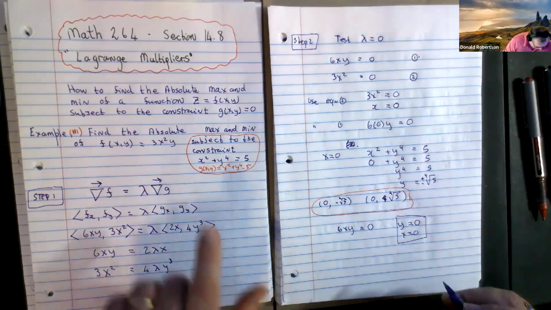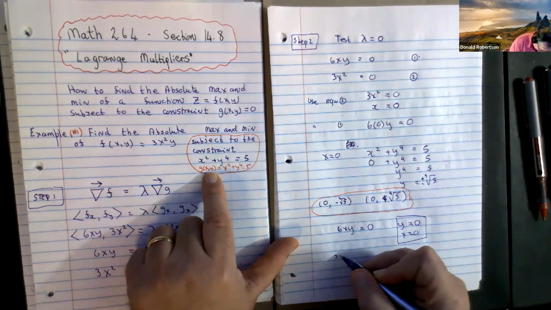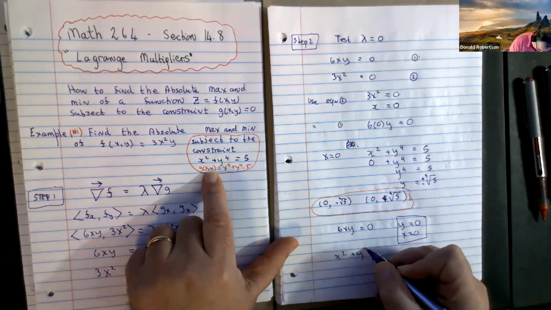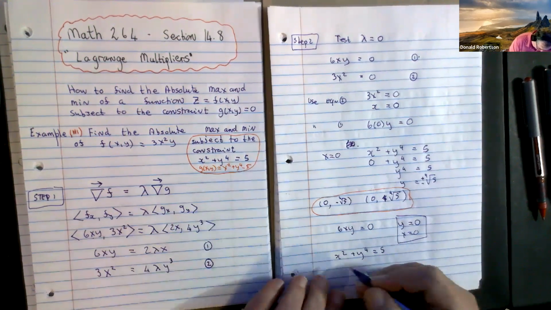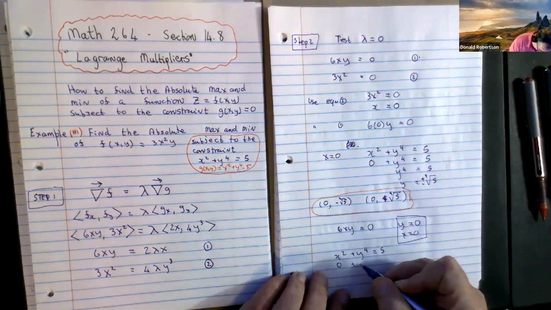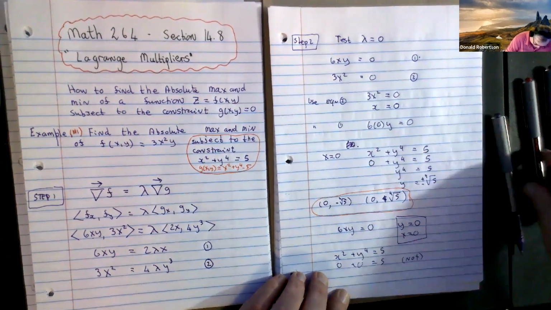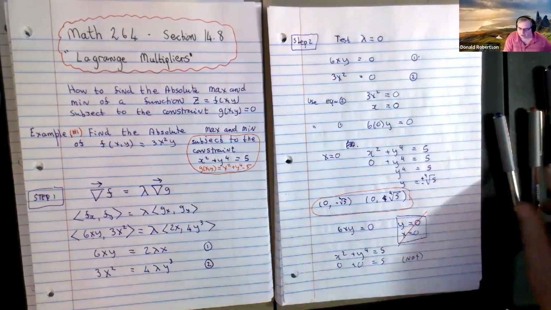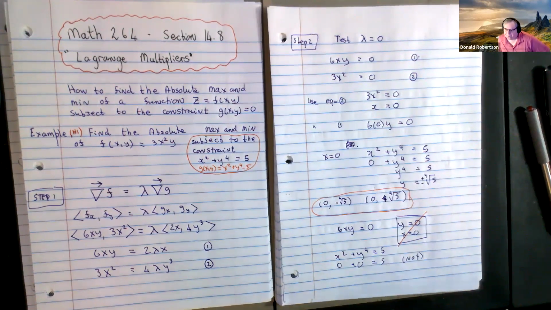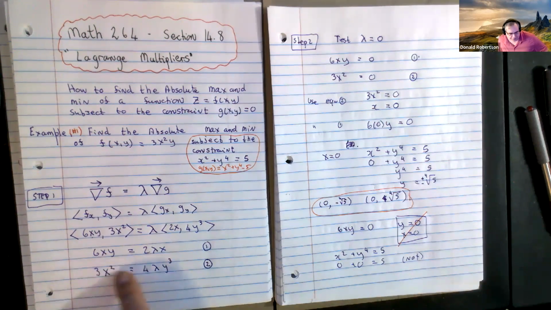So let's check our constraint. Is x squared plus y to the 4 equal to 5? Is 0 squared plus 0 to the 4 equal to 5? No, it's not. That means that guy's not a usable solution. So all I've done here is make lambda equals 0 and try to solve the two equations that get generated from it.